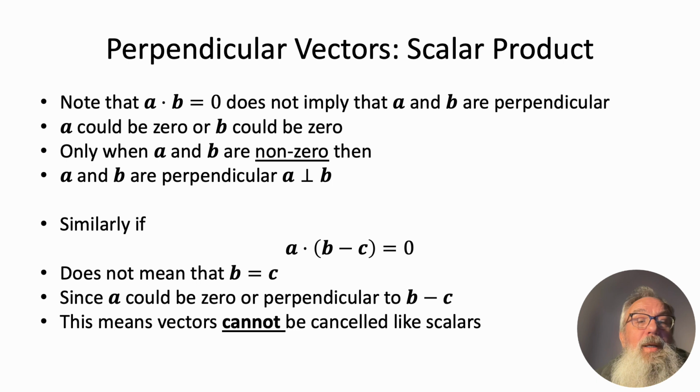And the implication is here that vectors can't be cancelled out like scalars. We have to do a bit more checking for existence of non-zeros.